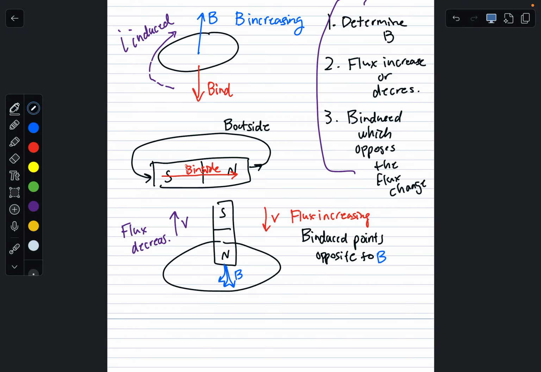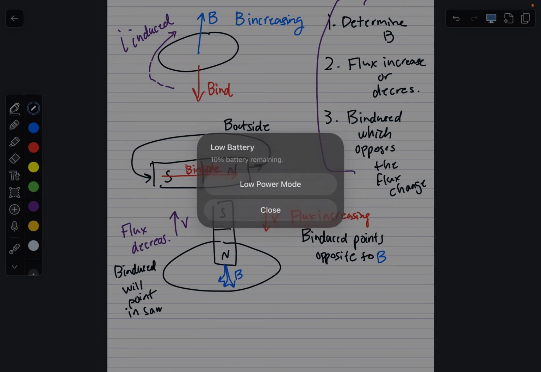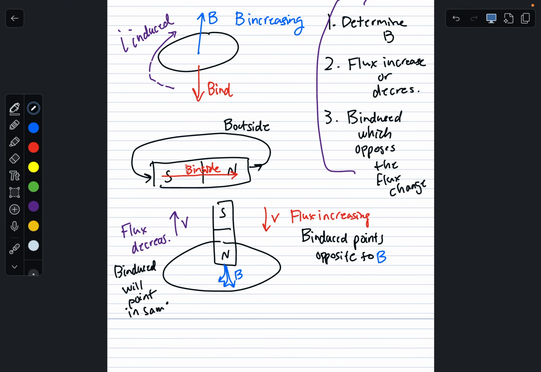And if the flux is decreasing, then B induced will point in the same direction as B, as blue B. So that's the general idea.